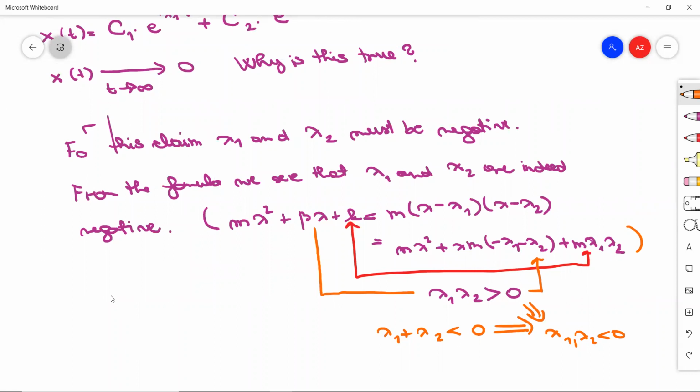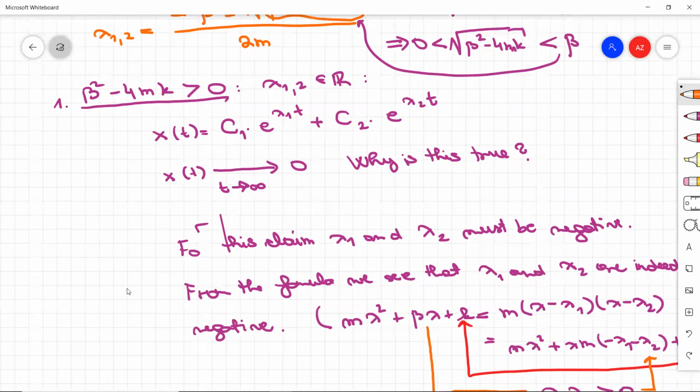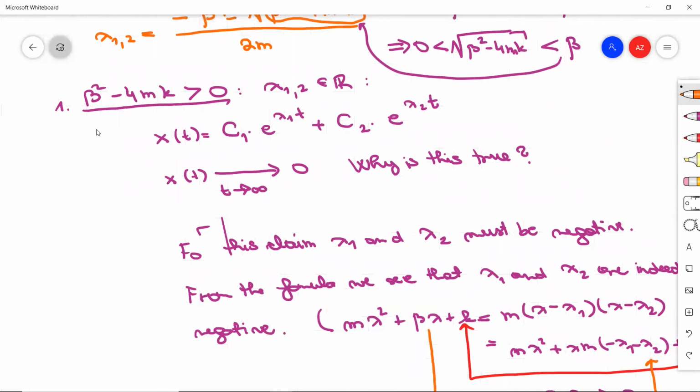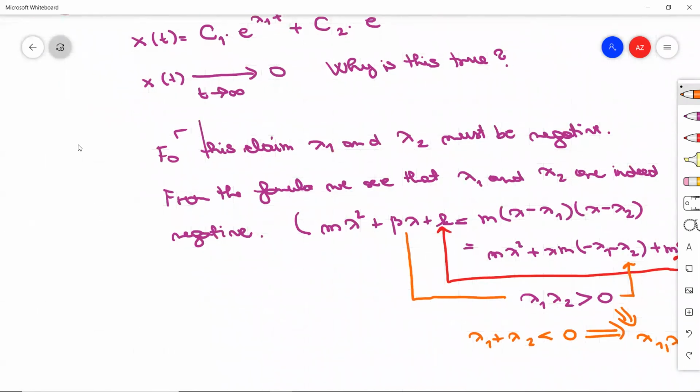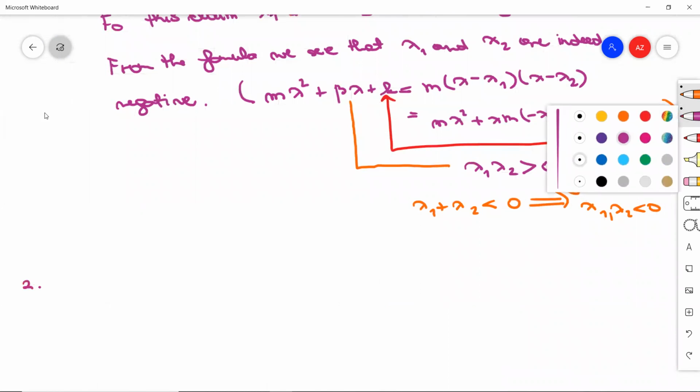Okay, this was the first option where the discriminant was positive, and in this case such motion is called overdamping. When the discriminant is 0, we have a double real root.